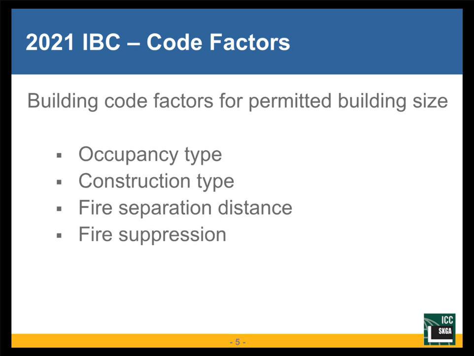And then finally, whether there's the presence of fire suppression, i.e. sprinkler systems within the building. Also, the building code takes that part into account, obviously recognizing that having fire suppression within the building is kind of like having the fire service readily available and on hand in the structure should a fire event occur.